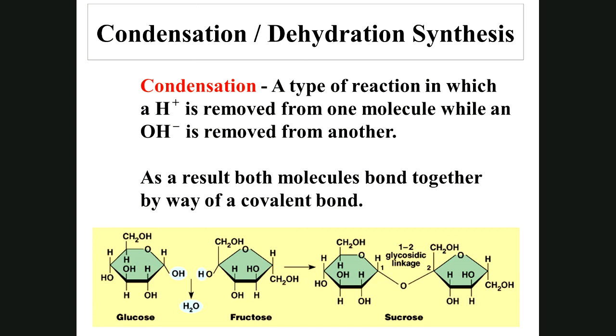You put 2 monos together and it makes a disaccharide called sucrose. So condensation is where a hydroxyl is taken off of one, a hydrogen off of the other. That makes water, and then a bond is formed between that oxygen that's hanging there by itself and the carbon that the hydroxyl was taken off of. And there's your bond.